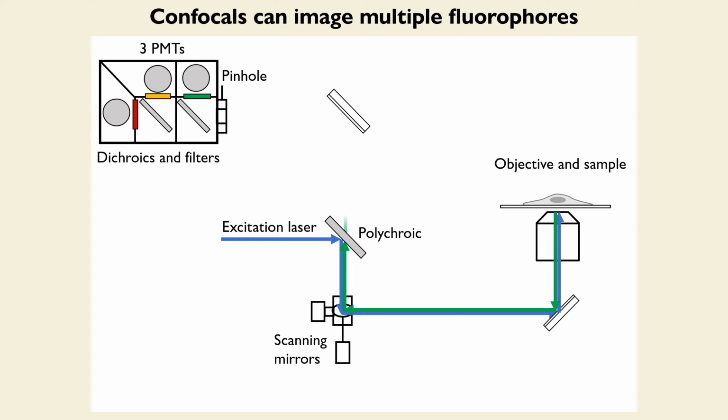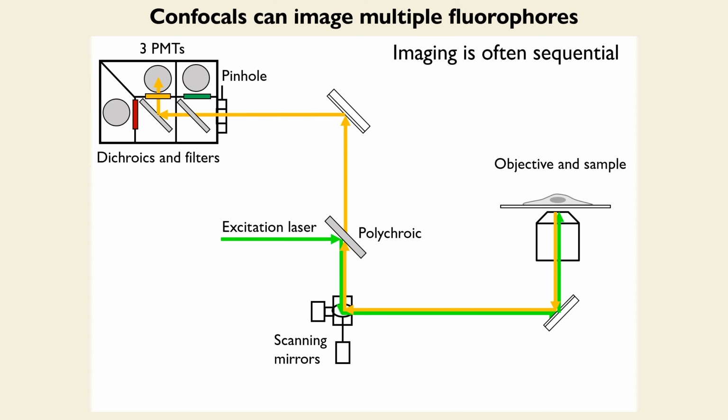It goes through the pinhole, and once through the pinhole, it enters a little detection box where there are various dichroics and filters. And so the first dichroic reflects the green light, which goes through a final emission filter in front of one of 3 photomultiplier tubes, which are one of these spot detectors where the light goes in. So this is done either for one frame or for one line in the sample.